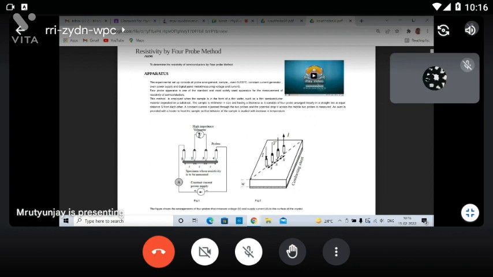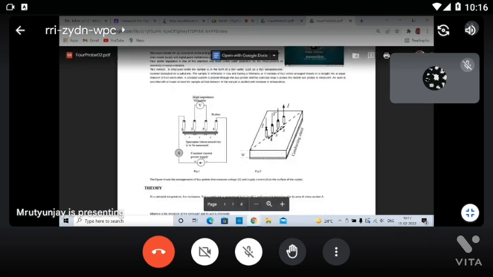That voltage is known as the probe voltage, and we are going to find this out. The distance between 2 probes is 0.2 centimeter. You need to draw this figure, sir.